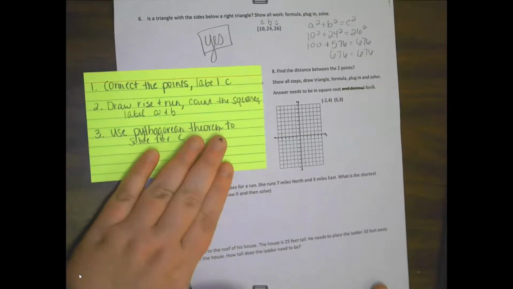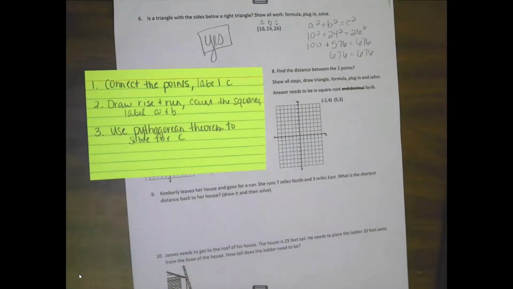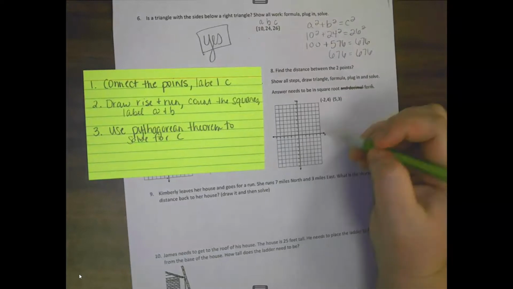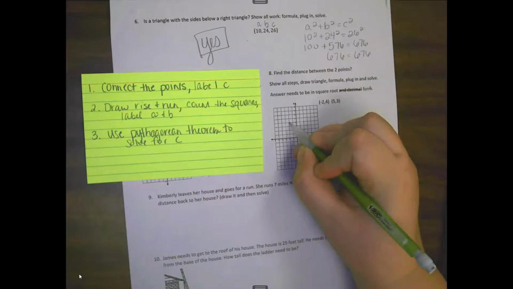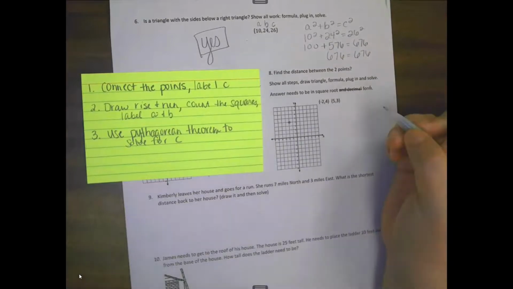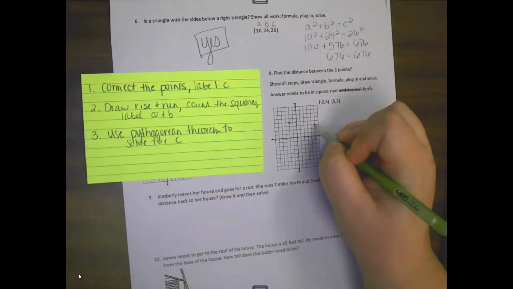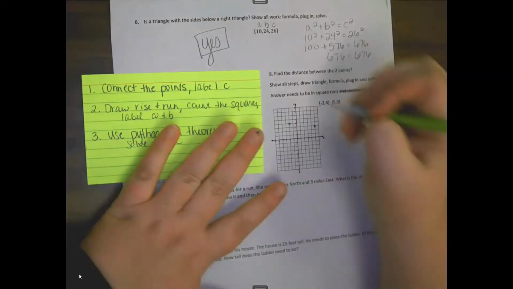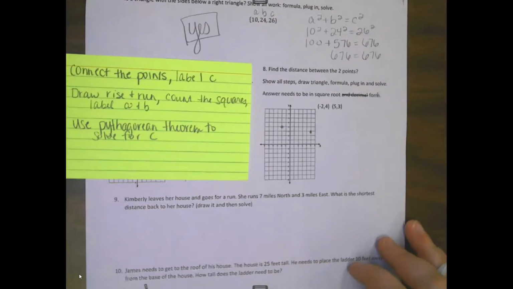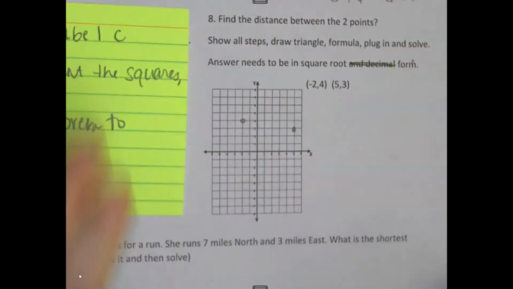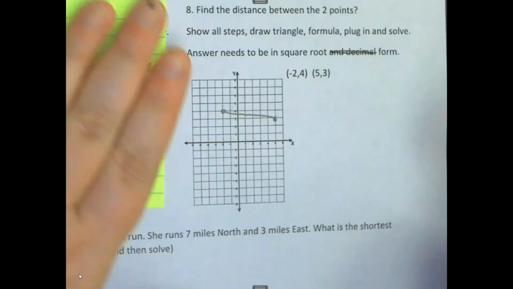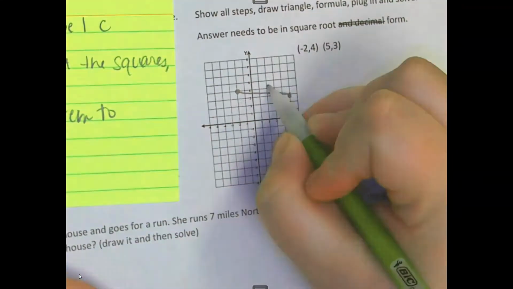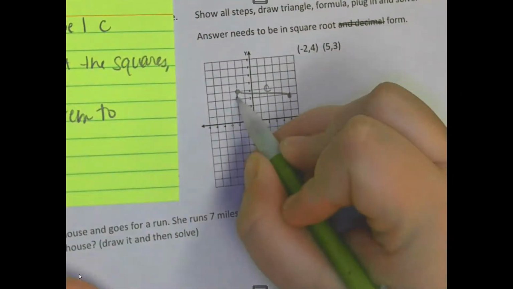Look at number 8. This time it didn't give us 2 points drawn for us, so we're going to have to draw these. So negative 2, 4, and 5, 3. So our first step is to connect the points. I'll zoom in, now that we don't necessarily need to see those directions. Connect the points. Ooh, it's going to be a really small triangle. Label it C. Draw my rise and run.